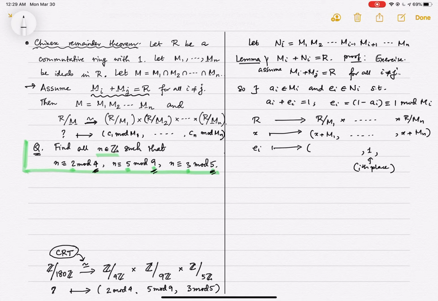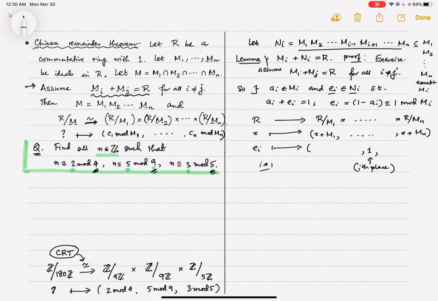And notice that, take any other place. So in the first one, let's say i is not 1, then in the first place you're going to see 0, because e_i is in n_i, and n_i is the product of all these guys, so this is in m1 and in m2 and in mn. It's in all of them except the ith guy.